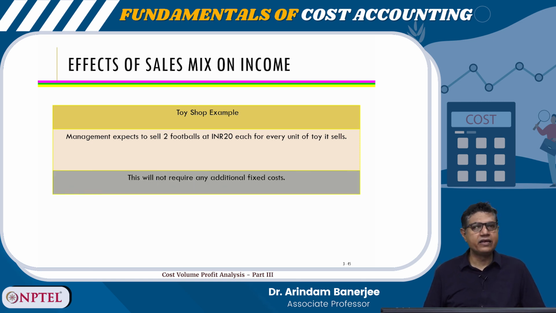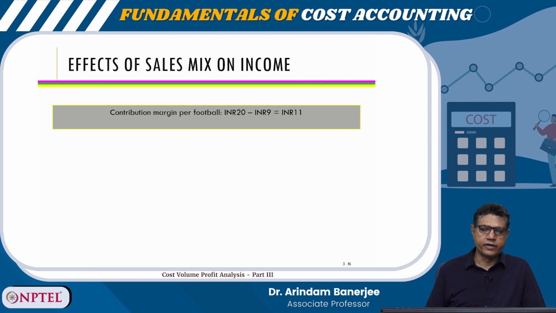This will not require any additional fixed cost. Earlier the company was using a single product, the toy. Now it is introducing another product, the football, and it expects that 2 footballs priced at rupees 20 will be sold for each unit of toy.